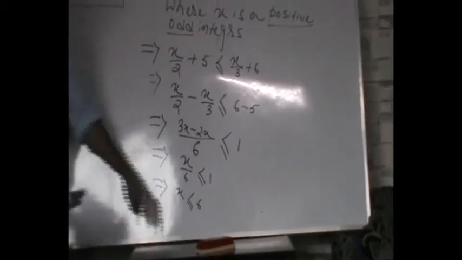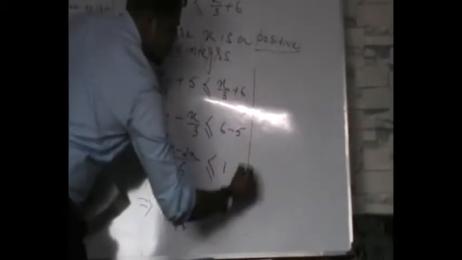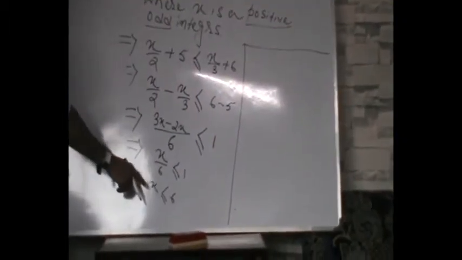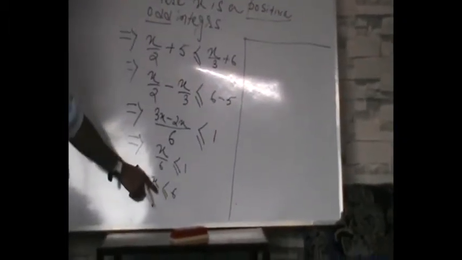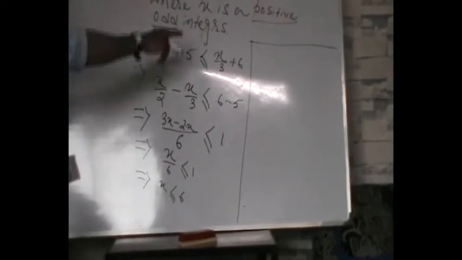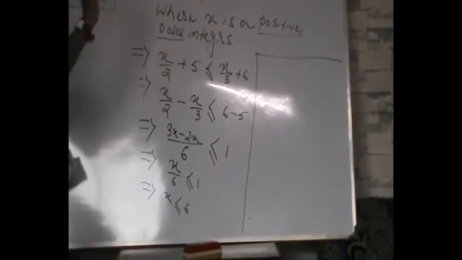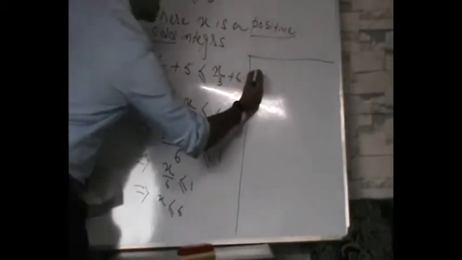Now the last part, we have to find here the set of solution. It indicates the value of x less than equal to 6, and this part is already mentioned over here, where x is a positive odd integer. Only positive odd integers are there. That means we find a set of solution.